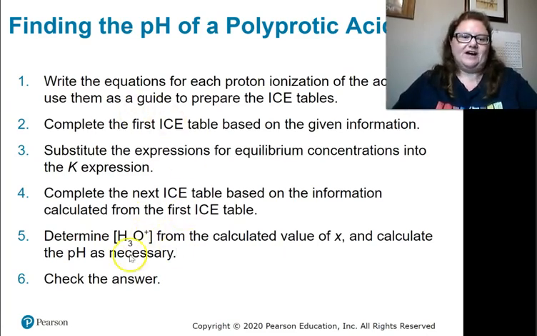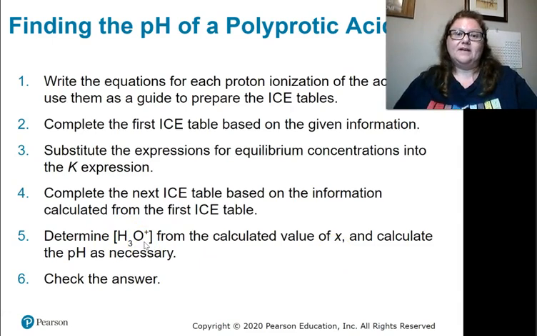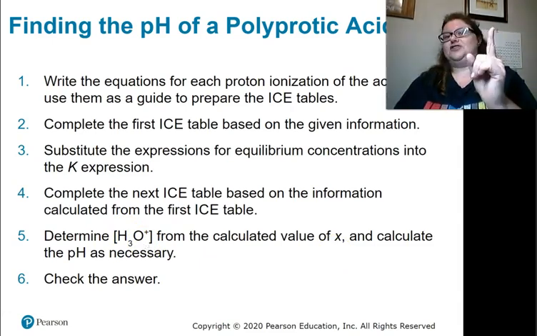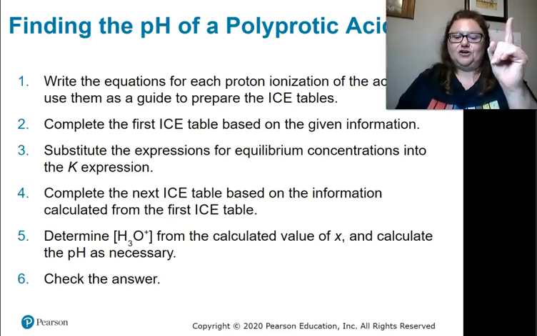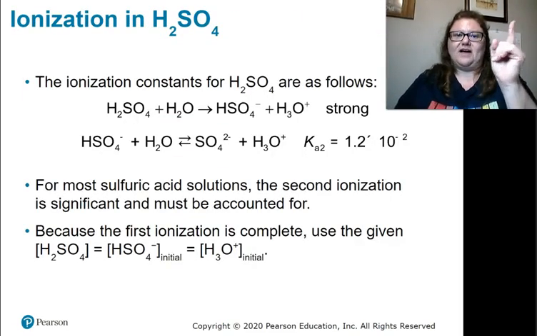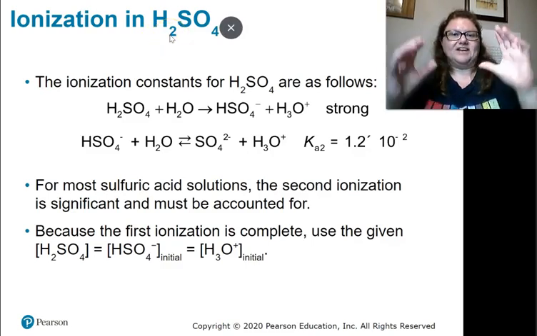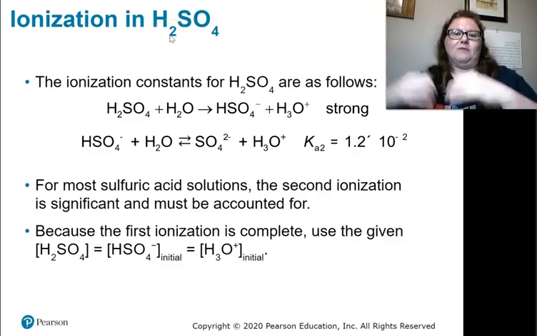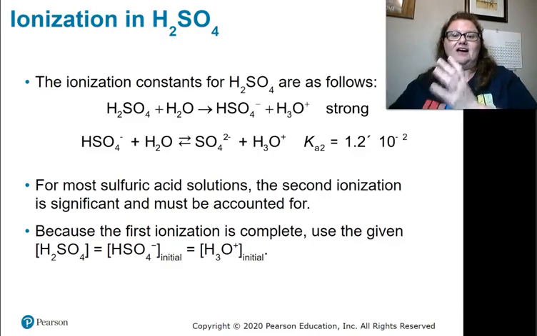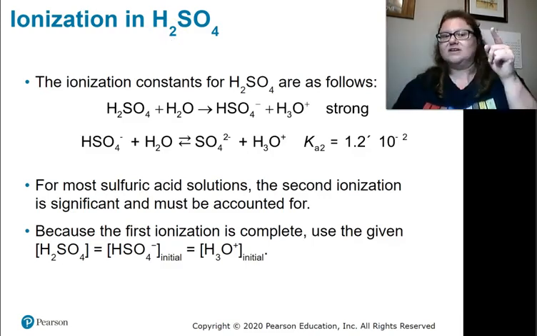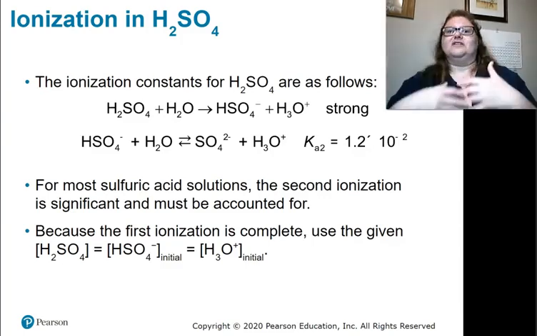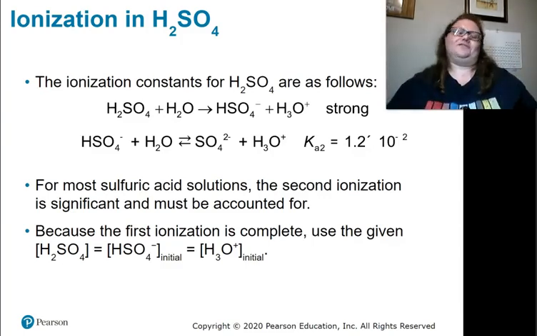So when we go through the ICE table and we get X, and we say, okay, that equals the hydronium ion concentration, that's from the first hydrogen coming off of the polyprotic acid. If there are 2, like for sulfuric acid, then when I do my ICE table and I figure out my hydronium ion concentration, I really multiply that by 2 to get the hydronium concentration for sulfuric acid.